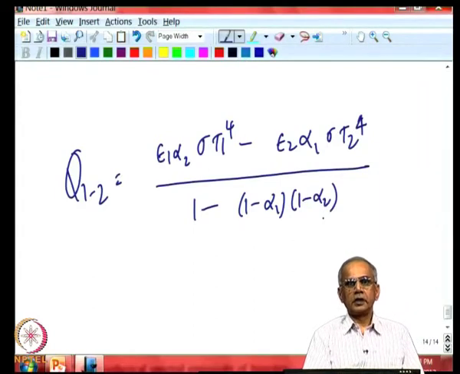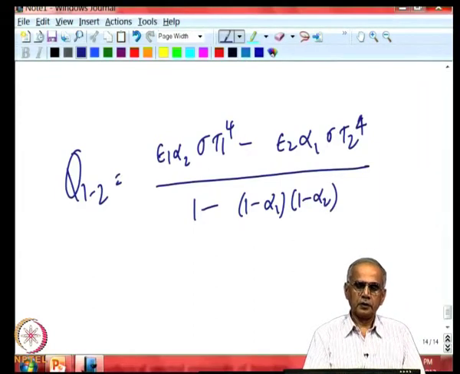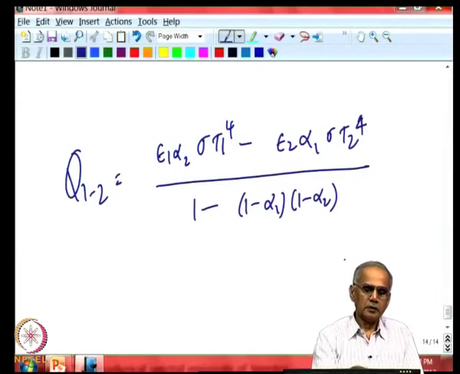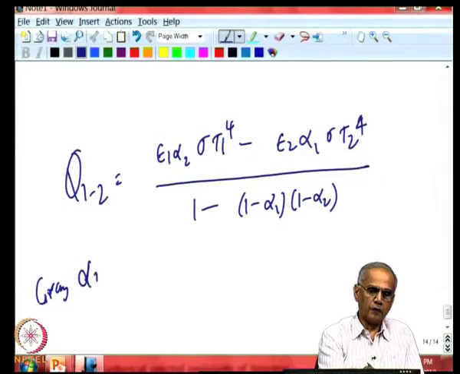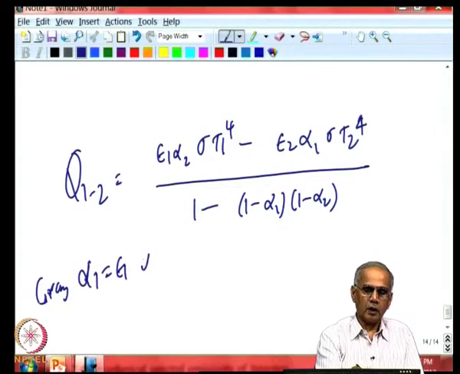So, this is the general result for a non-gray surface where the emissivity and absorptivity are not equal, and it clearly demonstrates the role played by reflection in the denominator, with emission and absorption in the numerator. Suppose we have a gray surface, then of course alpha 1 equals epsilon 1, alpha 2 equals epsilon 2.